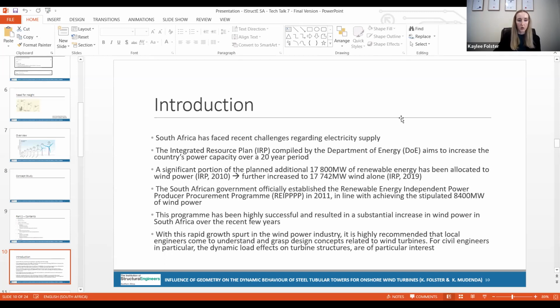For that reason, it's now recommended that local South African engineers become more familiar with the design concepts related to wind turbines. For us specifically as structural engineers, that relates to the dynamic requirements of the turbine tower itself.